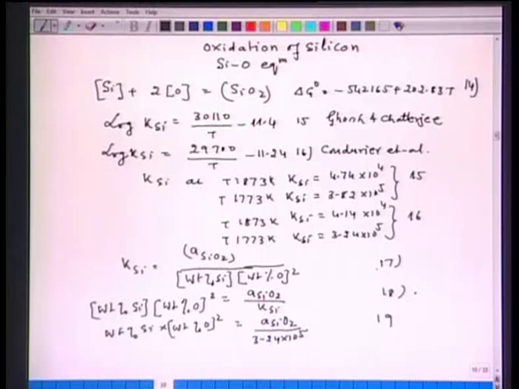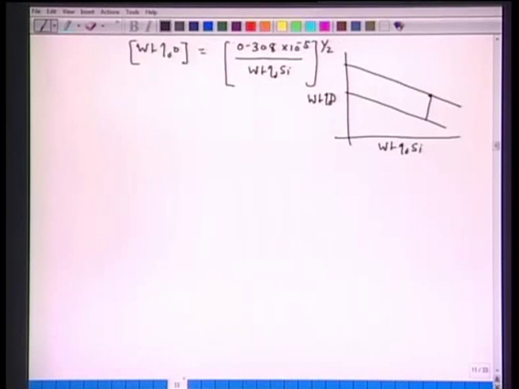Also, if we see equation number 17, we see that if we decrease the activity of SiO2, then silicon reaction is favored. So, what we can conclude from here is that in steel refining silicon oxidation is very fast and silicon oxidizes before any other impurities, because the heat of formation of SiO2 is very large, that means a highly exothermic reaction.